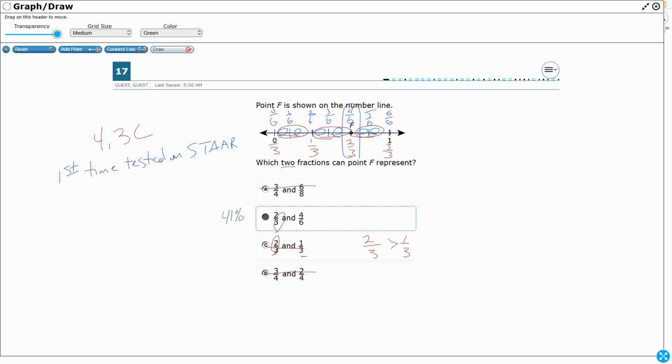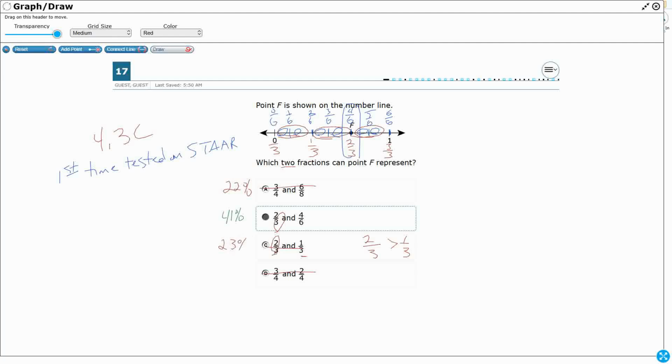And so let's look to see how students did in the other options here. So for A, we had 22%. So we're kind of stuck here between A, 22%, and B was 41%, but look at C, 23%.